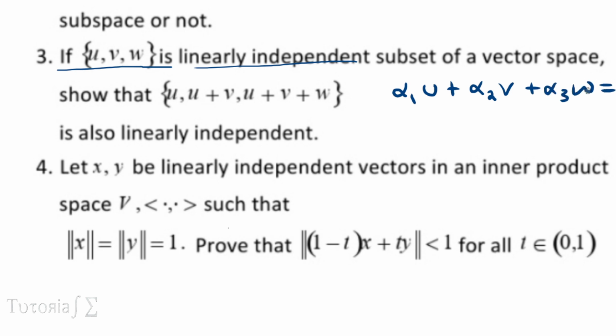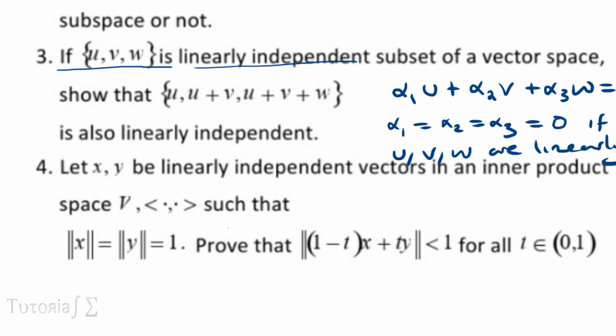This will be the linear combination, and all the scalars alpha 1, alpha 2, alpha 3 will be equal to 0 if u, v, w are linearly independent. Okay, so this is the definition of linear independence.